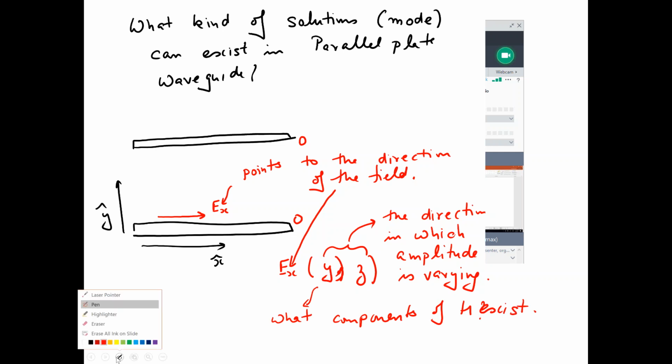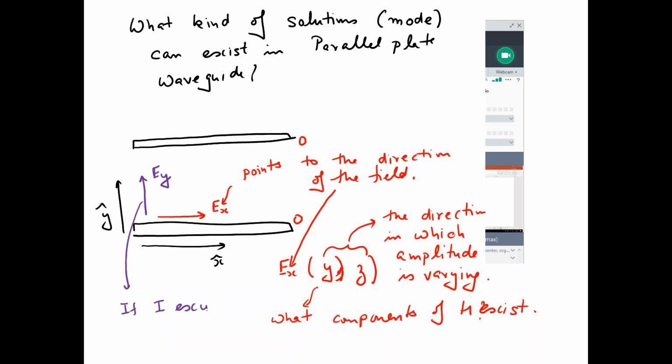Similarly, if on the other hand I excite this component, which is pointing in the y direction, remember, for this component, it doesn't need to go to 0 at the boundaries.